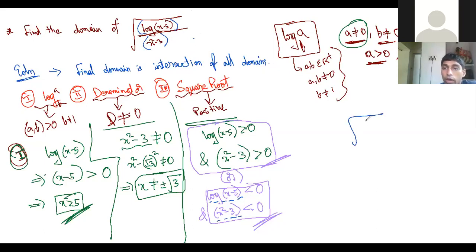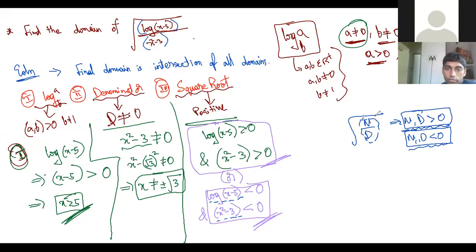You have the square root of numerator by denominator, so this part should always be positive. This implies either both numerator and denominator are positive, or both are negative. These two are the valid cases. Is that okay?